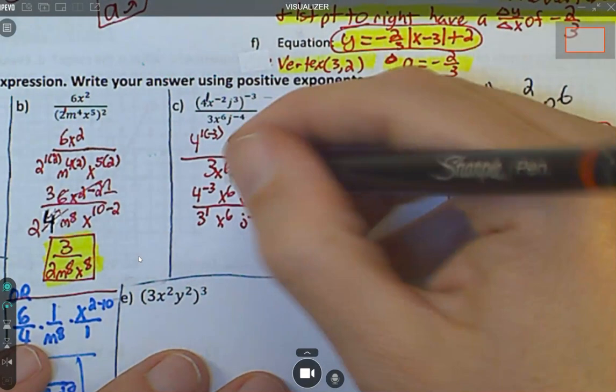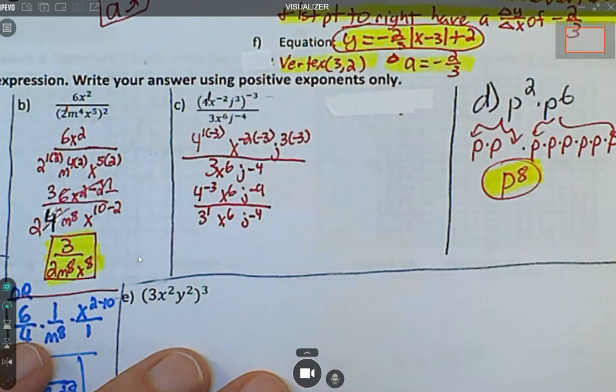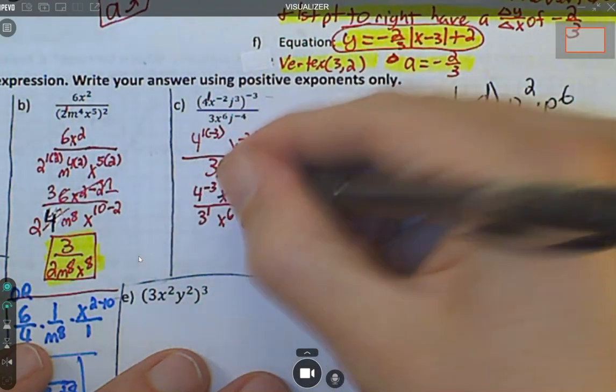Okay, anything divided by itself is 1. So x to the 6 divided by x to the 6, you get 1 there.